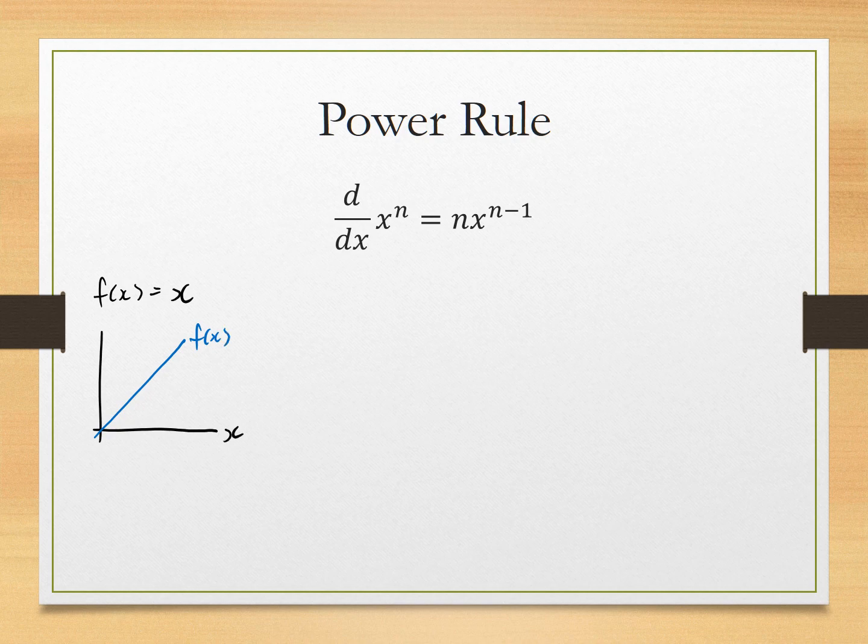We all know the slope equals 1 in this case. So yes, this case is easy. But beyond this case, it's a bit hard to figure out what the slope is from a diagram alone.